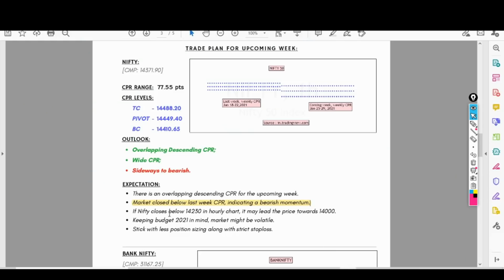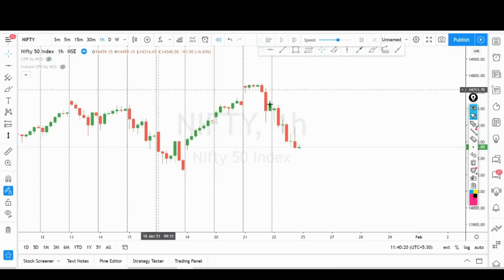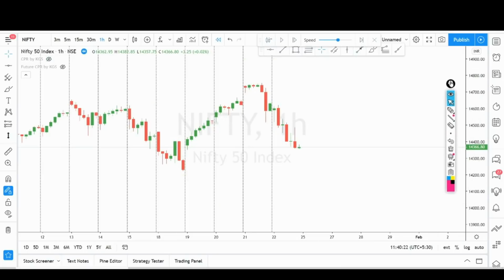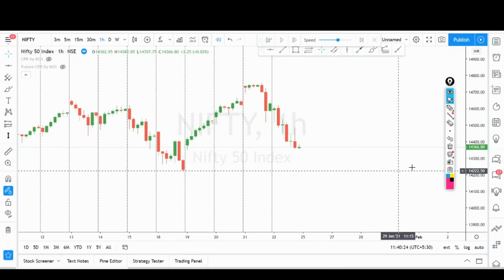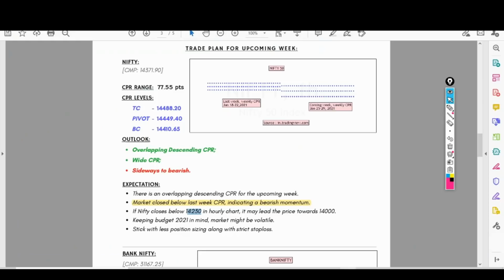If Nifty closes below 14,230 in the hourly chart, it may lead the price towards 14,000. So again, let me switch off the CPR and let me show you. The price is trading around 14,366.